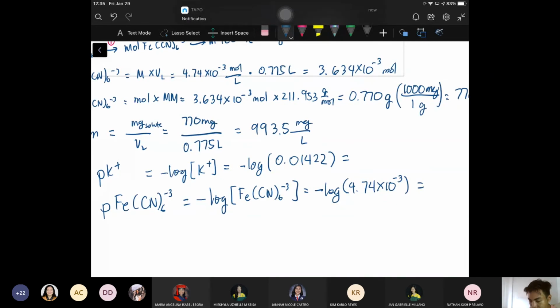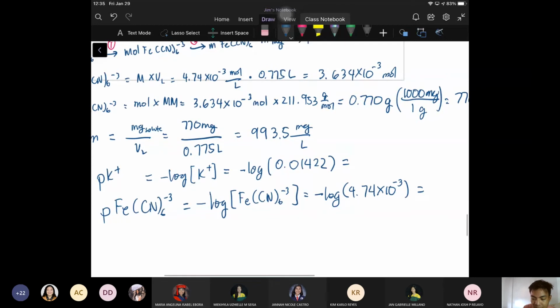Negative log. Press nyo yung negative sa log ha. Negative log. Okay, so for pK plus, that is 1.85. And for pFeCN6, that is 2.32. Okay, so tapos na.